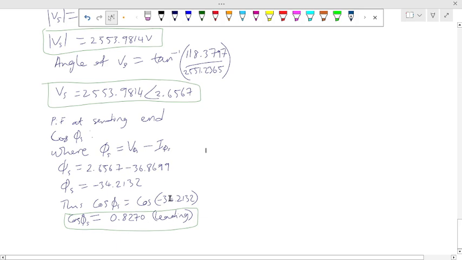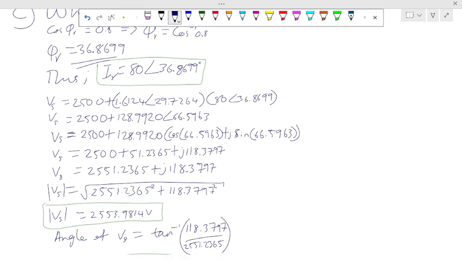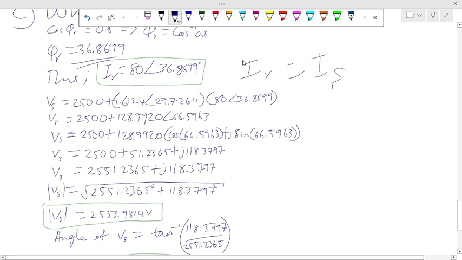When you take the cosine of this, you get this, and we say it's leading because the phase angle of the sending end voltage, which is this angle, is less than the phase angle of the sending end current. Of course, IR equals IS for a short line. It's the same, so we can even put IS here, it's still correct.